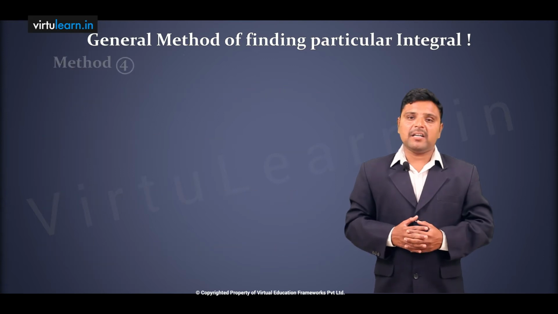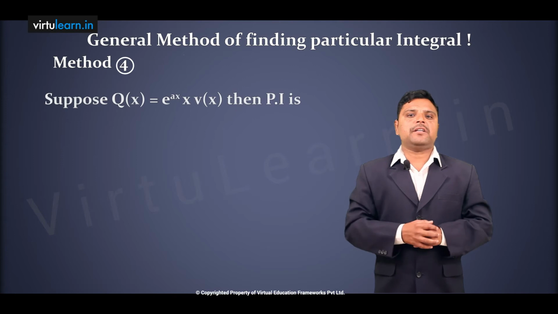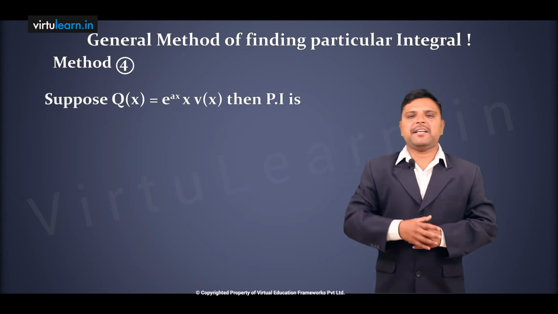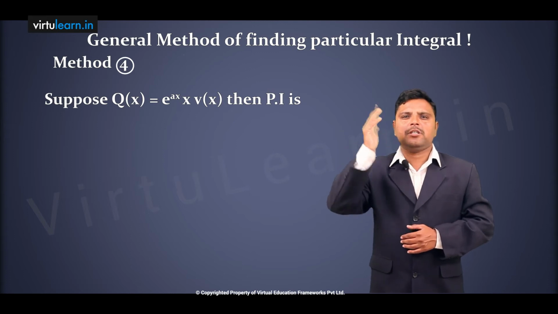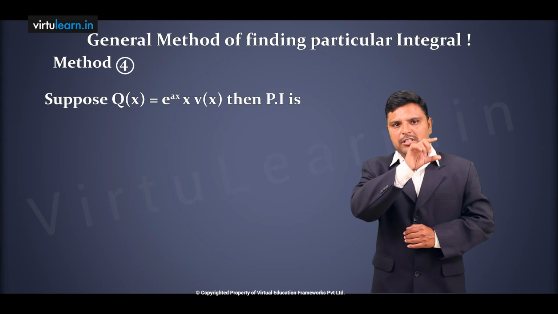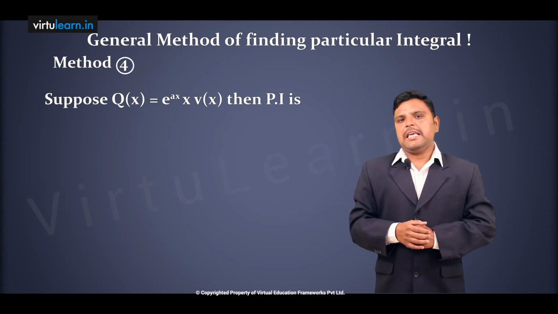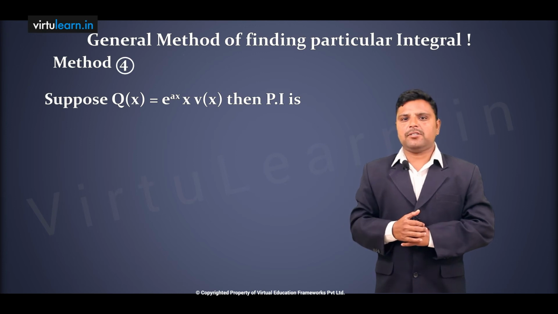Now, method 4 particular integral means q of x equal to e power ax is fixed. Means in place of e power ax, it can be e power 2x, e power 3x, but it should be in that form, into v of x. Once again, q of x equal to e power ax into v of x.